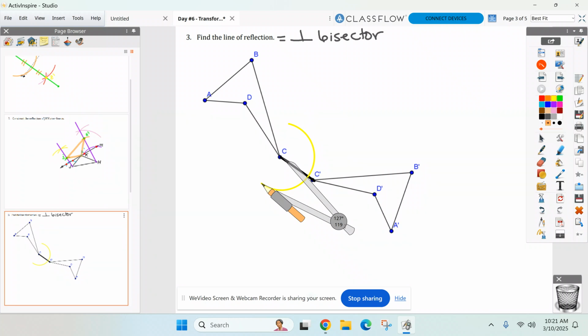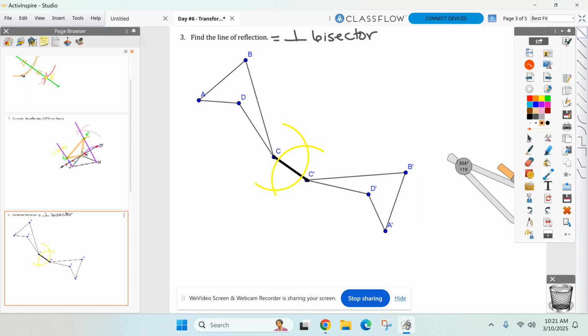And then you keep your compass opening the same, and then we fly over here to C prime, or whatever image you have. Make sure you have not one, but 2 points of intersection. And then we grab our straight edge and do our perpendicular bisector, now known as line of reflection.